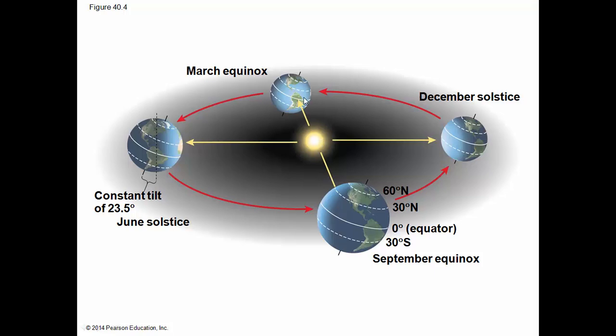The sun is directly over the equator here, and here during the December solstice, this is what I was telling you before, the sun is striking at a more direct angle. Its rays are striking the Tropic of Capricorn. During the June solstice, they're striking the Tropic of Cancer.